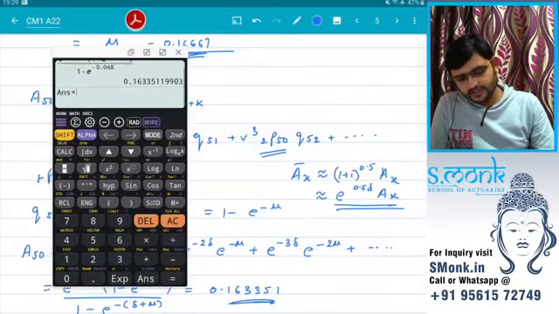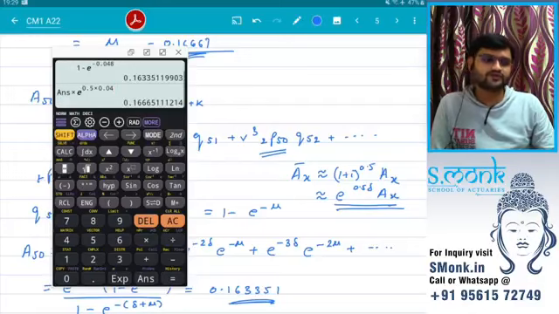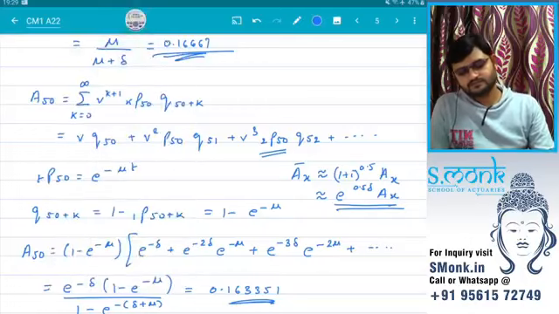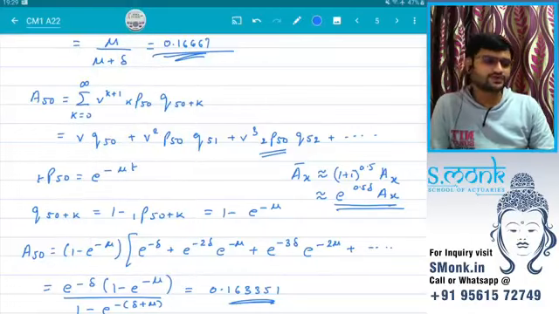If I multiply this with e raised to 0.5 into 0.04, you'll see we get nearly the same value. This is why we use such approximations.